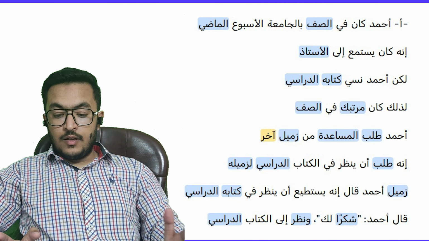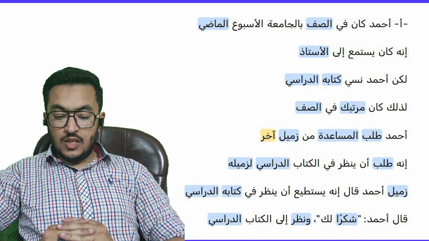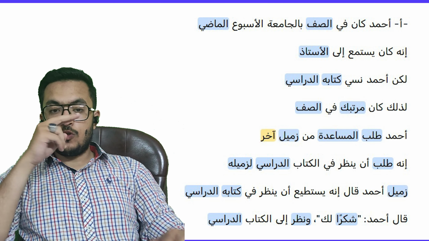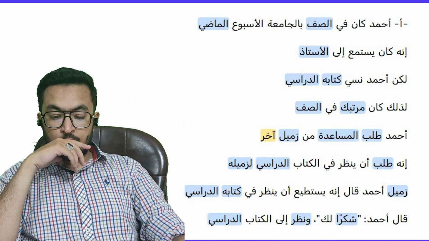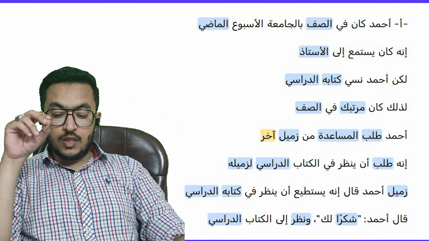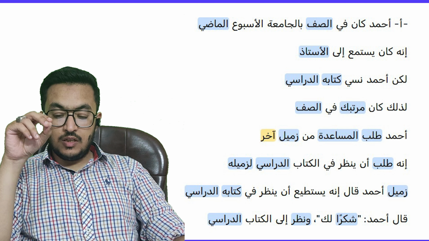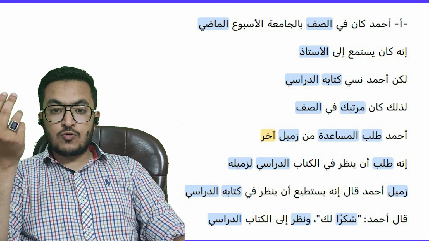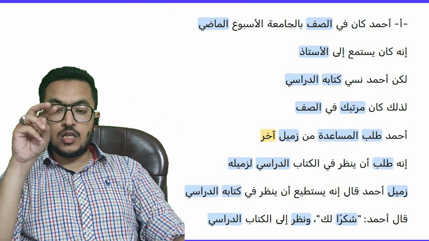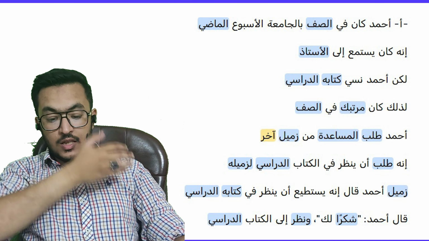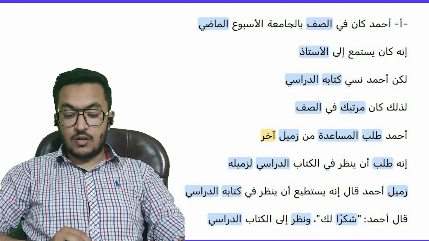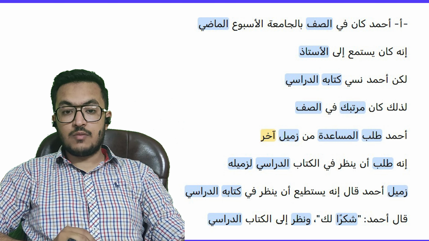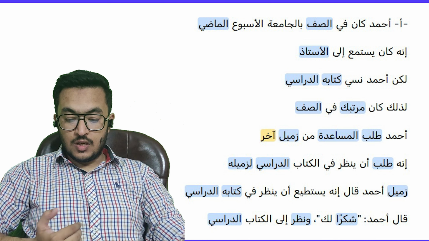So these are two for asking, and نظر ينظر means to look. إنه طلب, he asked أن ينظر to look في الكتاب in the book الدراسي, the lecture, لزميله for his colleague.